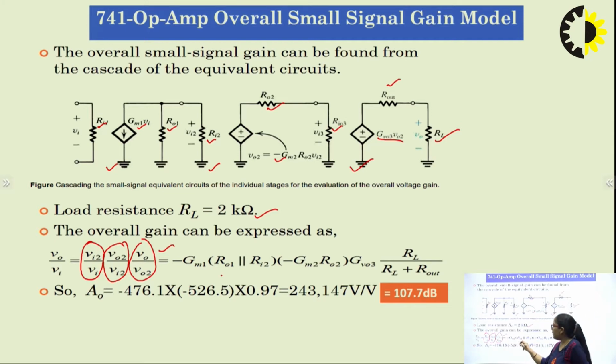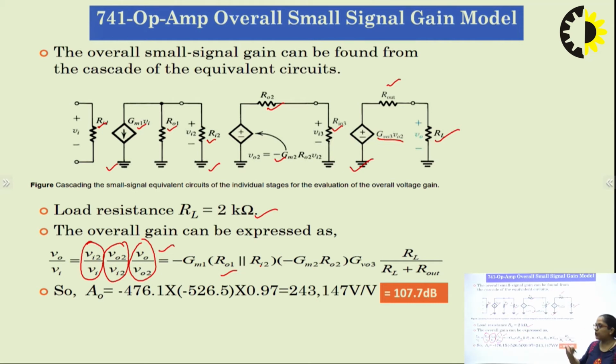Here further we have mentioned the expression for gain of the individual stages, which is given by minus GM1 times the parallel resistance of R01 and Ri2, where R01 indicates output resistance of first stage and Ri2 indicates input resistance of second stage, then minus GM2 R02 GB03 RL divided by RL plus ROut.